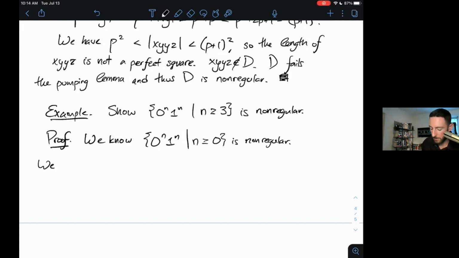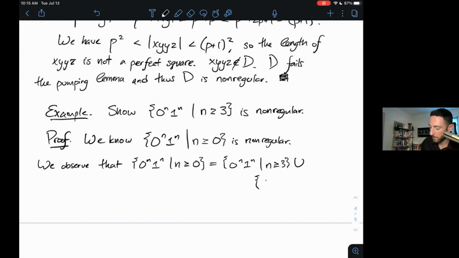We observe that 0^n 1^n such that n is greater than or equal to 0 is equal to the union of the current language we're considering and another language.